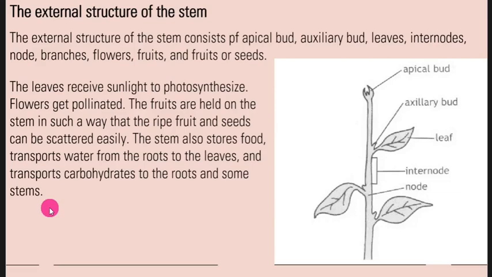So the leaves carry out photosynthesis, the flowers carry out pollination, the fruits help in scattering the seed, and the stem stores food, transports water from the roots to the leaves, and transports carbohydrates to roots and some stems. All right, I hope this is making sense to you guys.